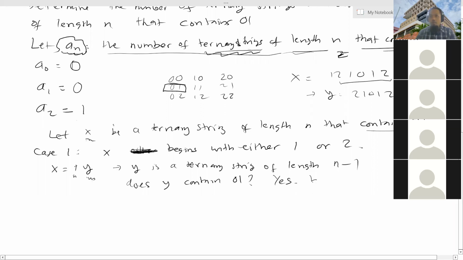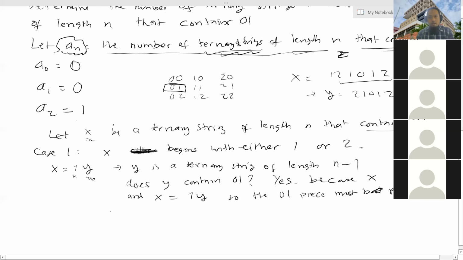Yes. Because X contains 01 and X is equal to 1y, the 01 piece must be part of y.